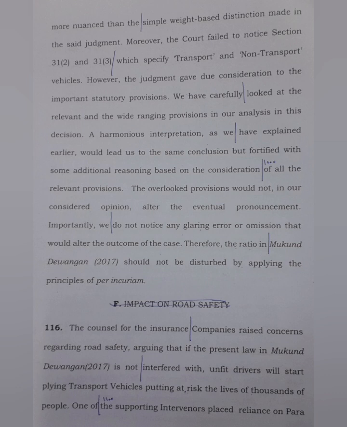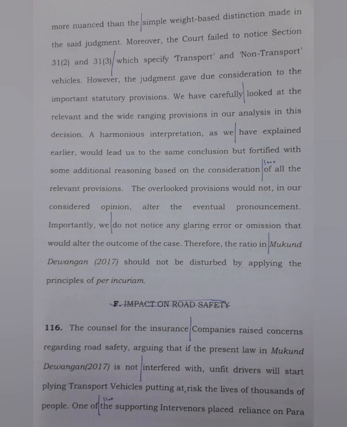The counsel for the insurance company raised concerns regarding road safety, arguing that if the present law in Mukund Devgan 2017 is not interfered with, unfit drivers will start plying transport vehicles, putting at risk the lives of thousands of people.